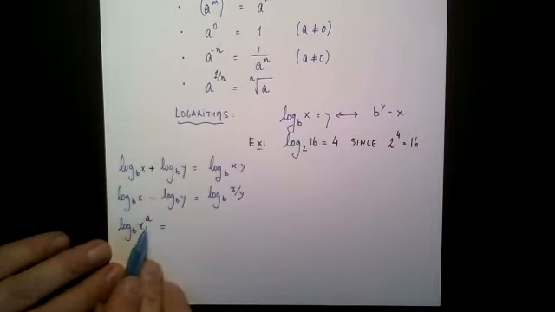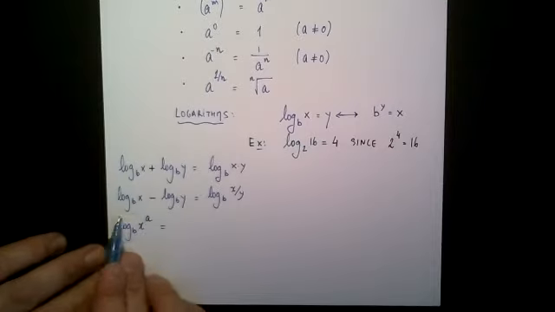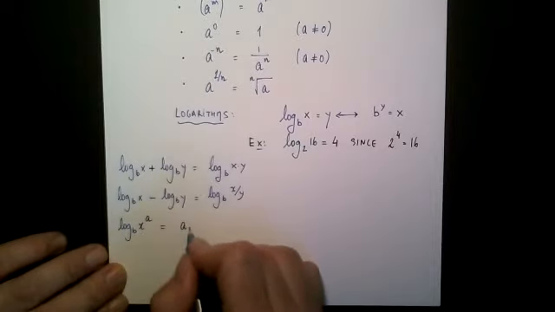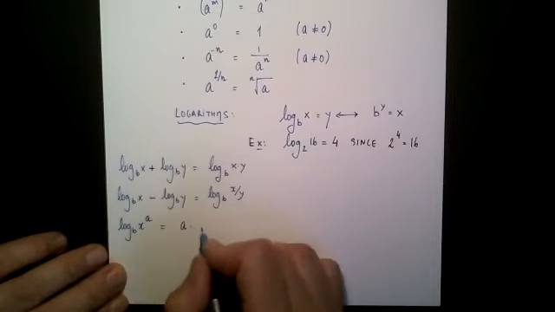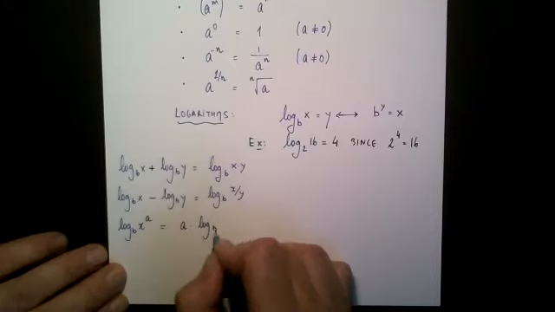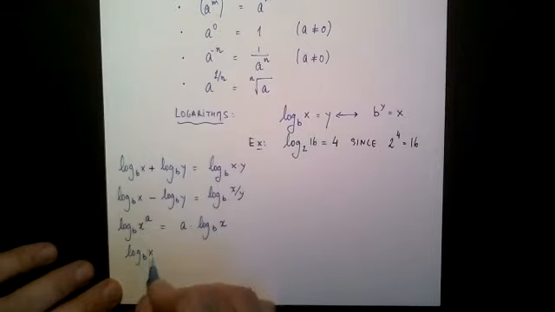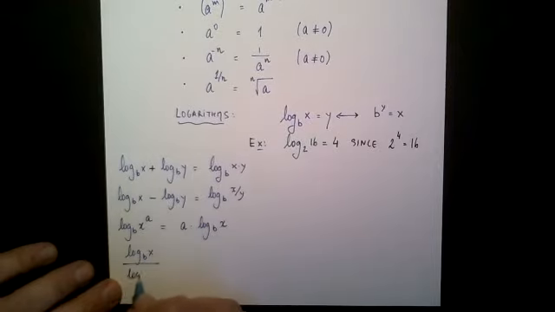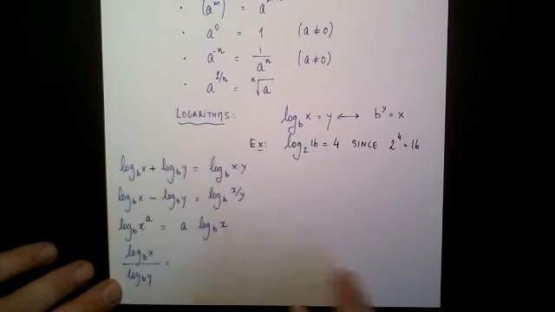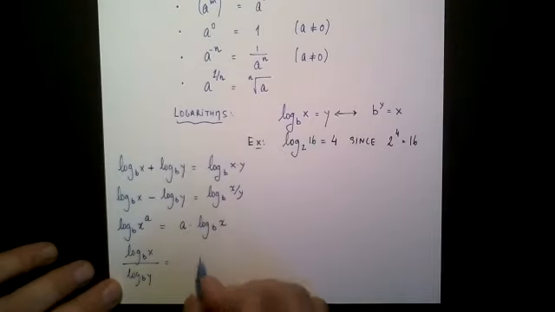What can I do with the power a? Put it in front of the log. So it's a times log in base b of x. And the last one, log in base b of x divided by log in base b of y is equal to what? Anybody remember this one?